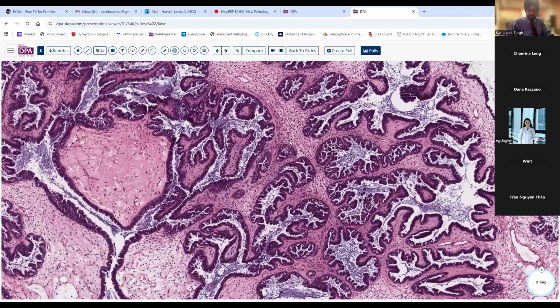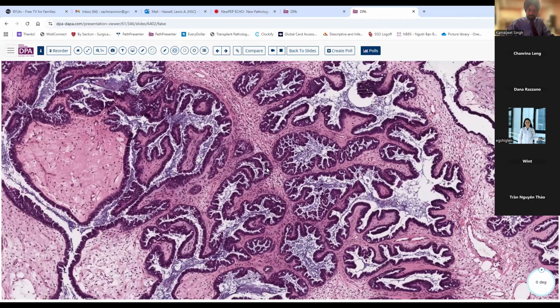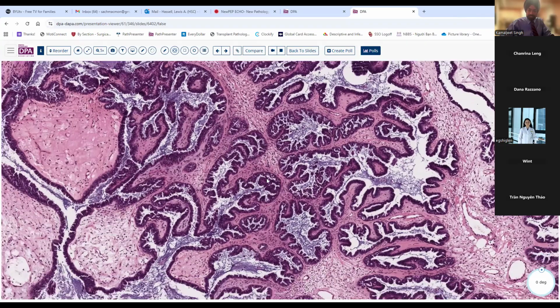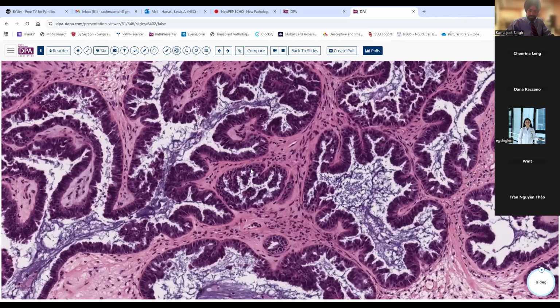So borderline tumors have what we call tertiary branching. And that means 3 levels of complexity. So here's 1, here's 2, and then you can see the 3rd level as it becomes more micropapillary in some areas here.